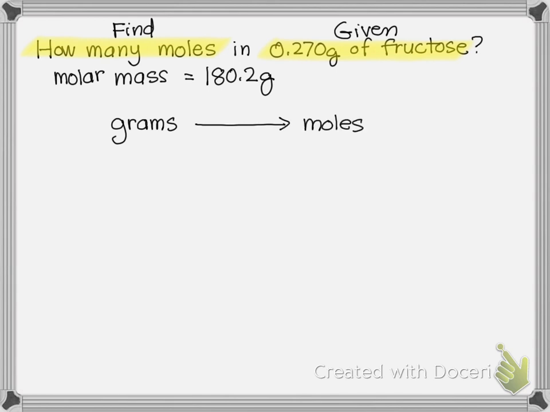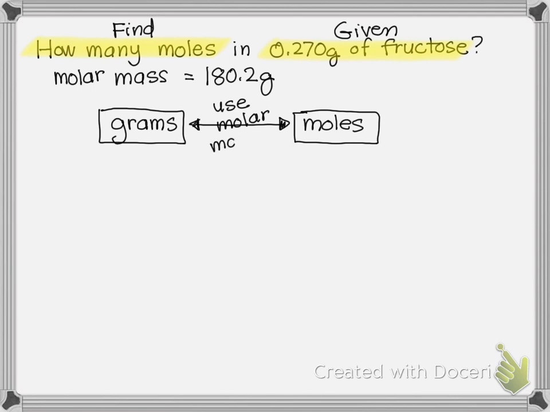And what you need to remember and learn and practice is that the tool that connects, and I just call it a tool because it's something we use, what connects the units of grams and moles is always the molar mass.